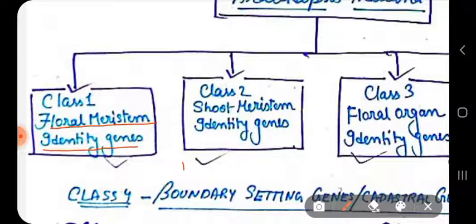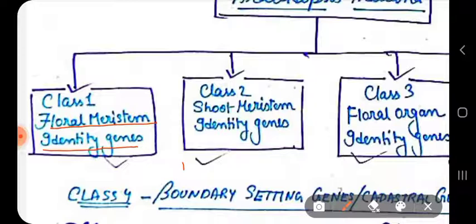But when these floral meristem identity genes are expressed at specific location, then only conversion of shoot to flower occurs. So there are total 3 floral meristem identity genes.